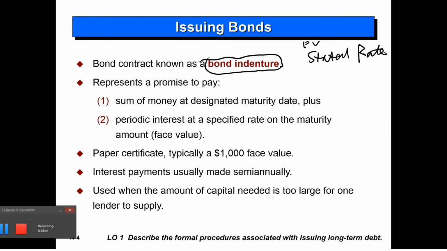And the bond contract represents a promise to pay. To pay what? Very important. First, it is a promise to pay the principal. And second is a promise to pay the interest.